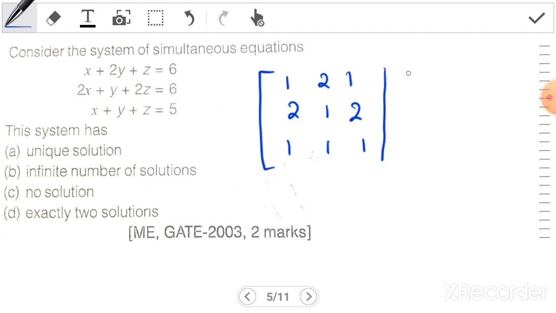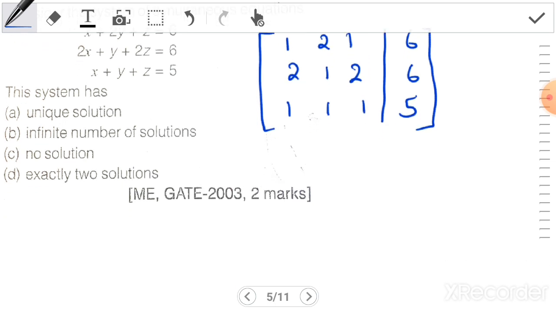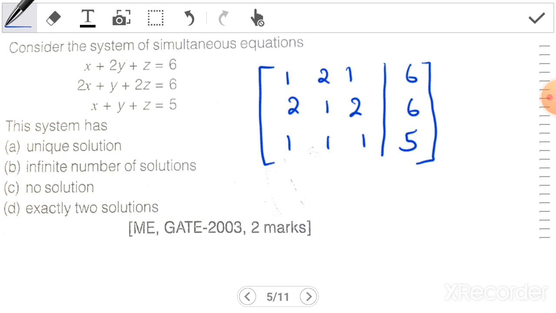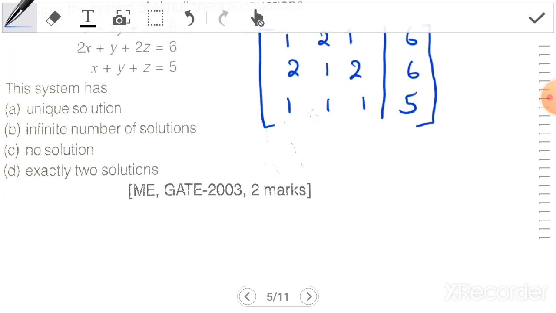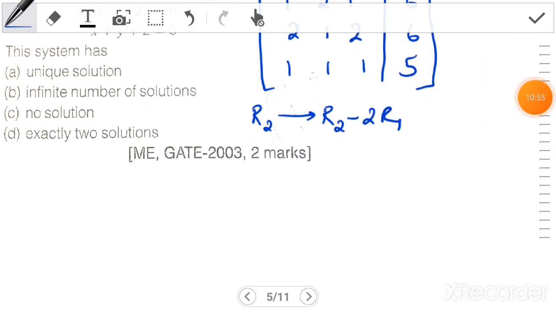We are constructing the augmented matrix. Now performing row operations, R2 changes to R2 minus 2R1 and R3 changes to R3 minus R1.